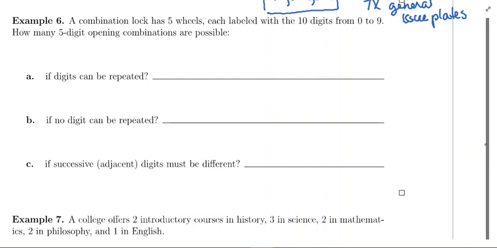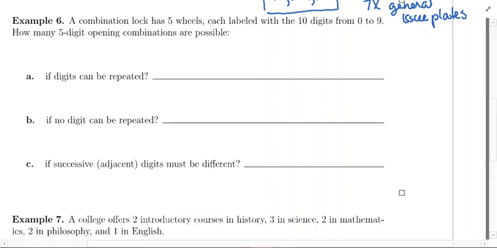How many 5-digit opening combinations are possible if digits can be repeated, if no digit can be repeated, and if successive or adjacent digits must be different? Same kind of problem, a little bit of a twist because now we have further restrictions due to repetition.